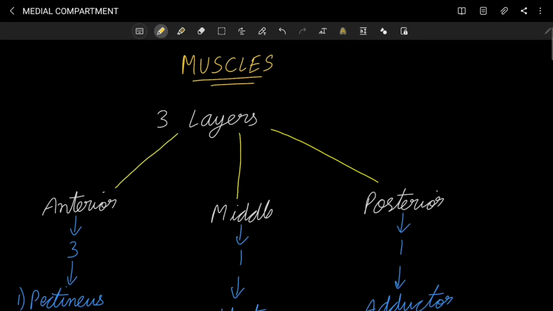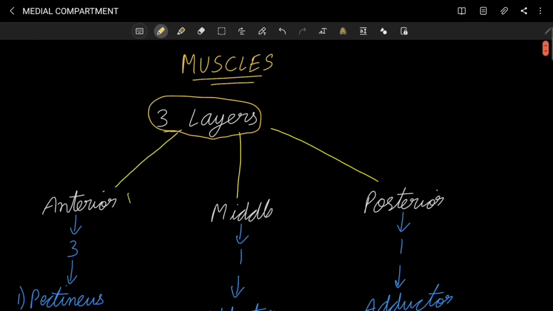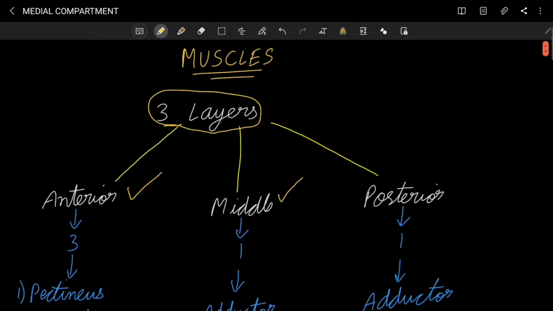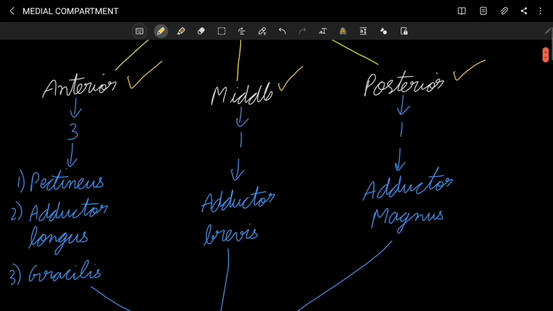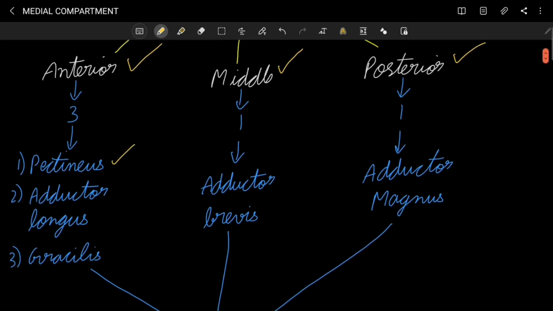The muscles of the medial compartment of the thigh are organized into three distinct layers: the anterior, the middle layer, and the posterior layer. The anterior layer is generally made up of three different muscles: the pectineus, adductor longus, and gracilis.